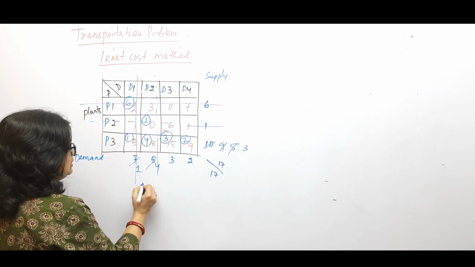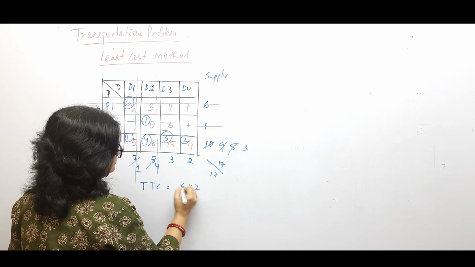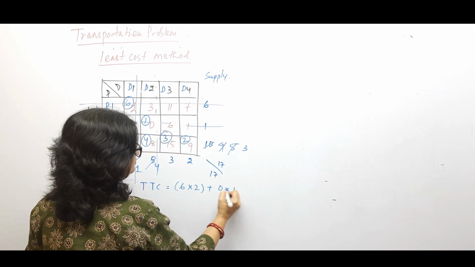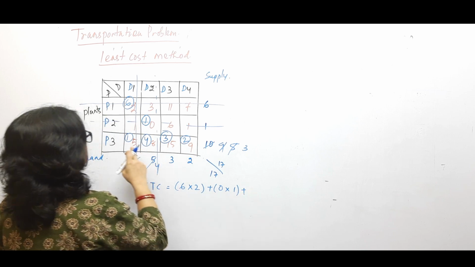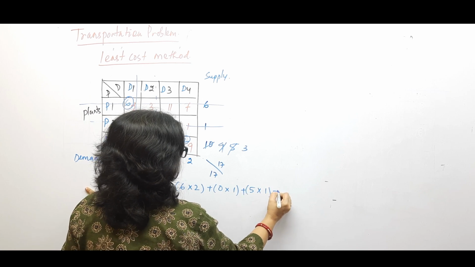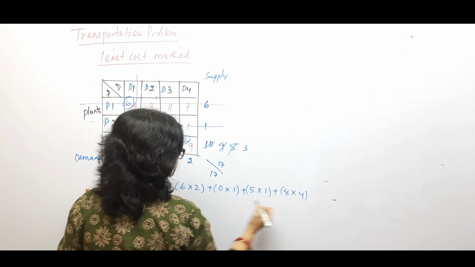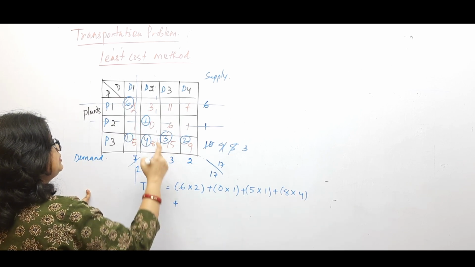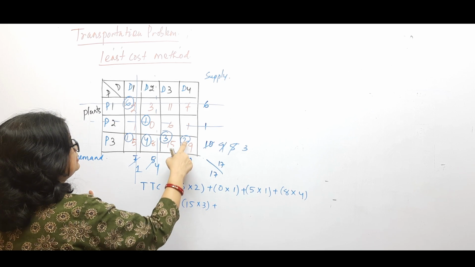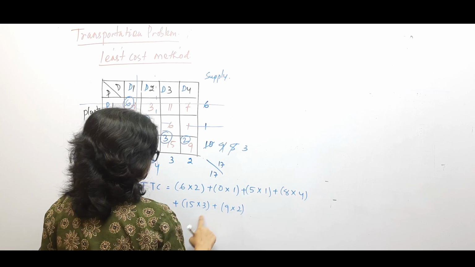So to calculate the total transportation cost, this becomes 6 into 2 plus 0 into 1 plus 5 into 1 plus 8 into 4 plus 15 into 3 plus 9 into 2, with 1, 2, 3, 4, 5 and 6 assignments.